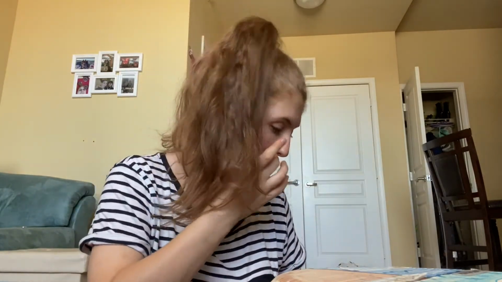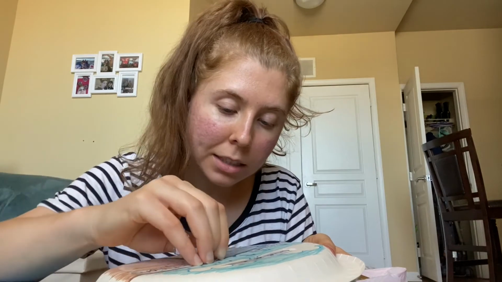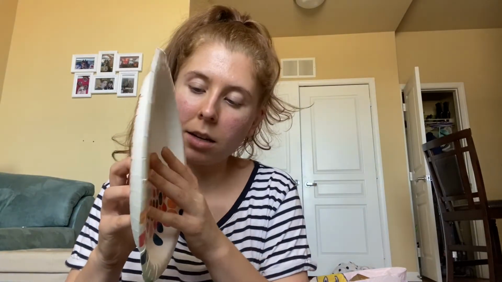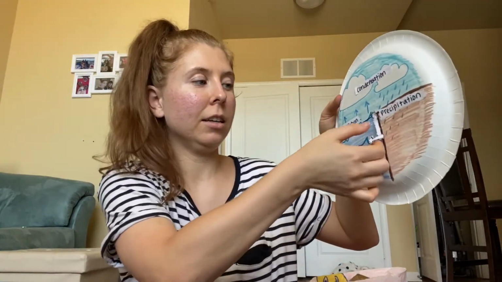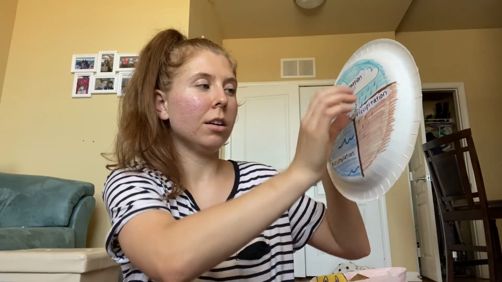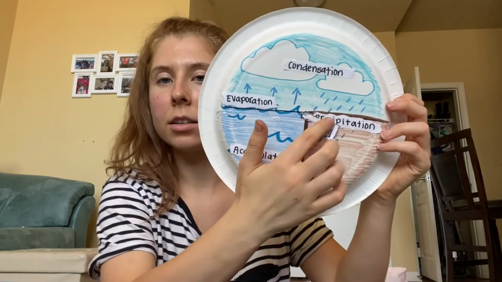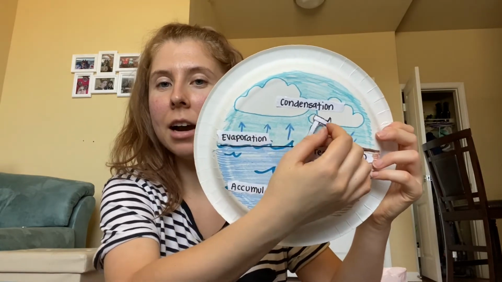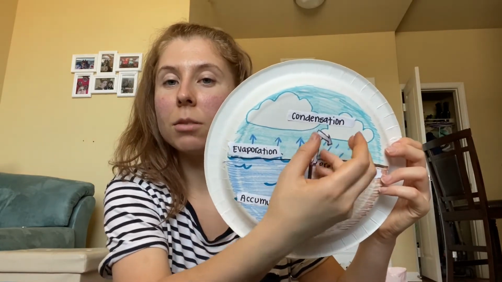If you need to grab a pencil to kind of make a hole in it, that is perfectly okay. I have a hole in there. I'm going to stick my staple through, and then I'm just going to go on the back side and bend it so that the arrow stays. And so now I have something like this. Wow. All right. So now I can see the stages of my water cycle now that I've learned, and I can see what direction they go in.